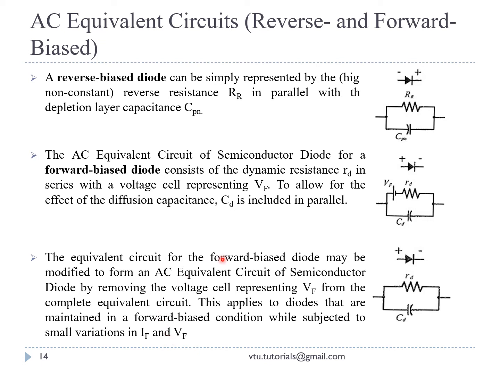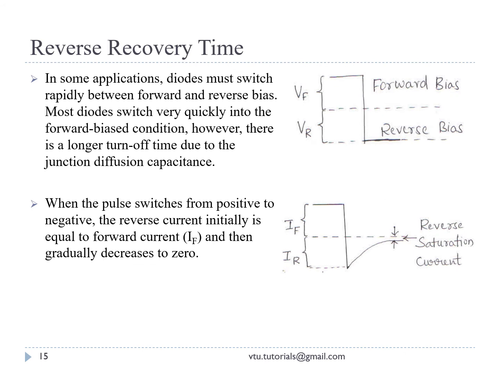So we can write this as RD in parallel with the diffusion capacitance. This diffusion capacitance is due to the sudden reverse biasing. One of the important parameters is the reverse recovery time for the AC equivalent circuit. Before moving to that, let's see here.